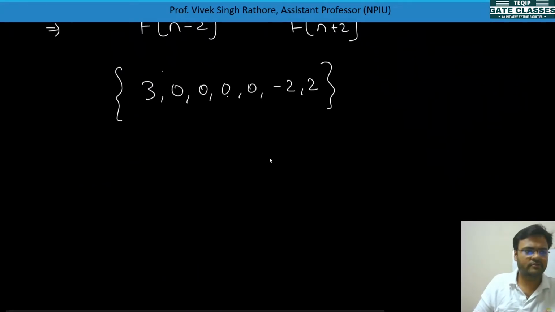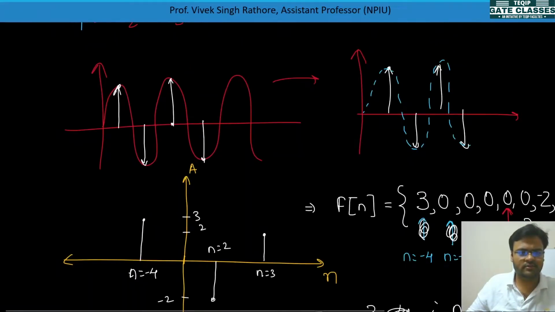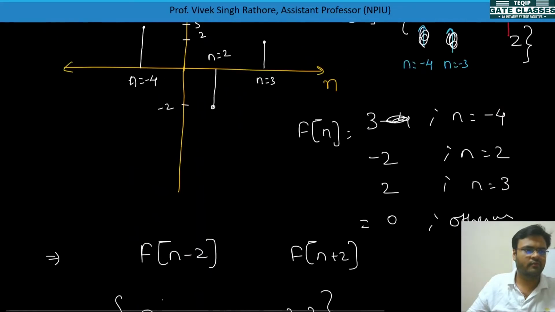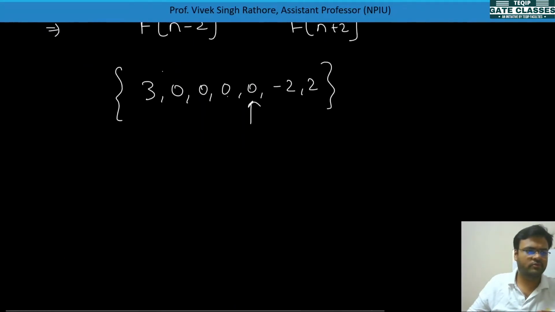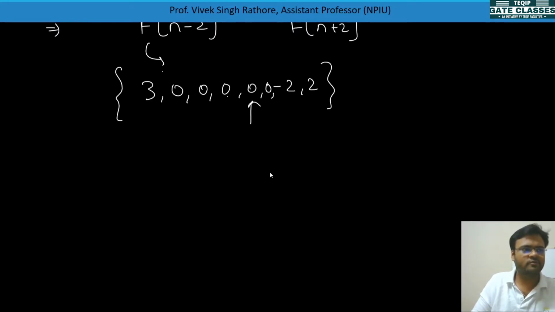The axis is -4, -3, -2, -1, 0, then 1 and 2. Now if we have to calculate f[n-2], f[n-2] means we shift towards the right-hand side. The whole set of values will shift toward the right, but the arrow will remain constant.